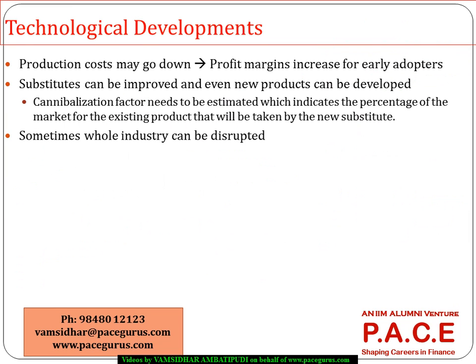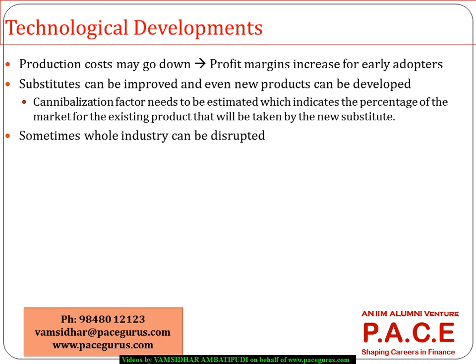So the other dimension to look at, typically, is what kind of role technological developments play on the forecasted financial statement. One way to look at it is that with most technological developments, at least in some cases, the production costs may go down.